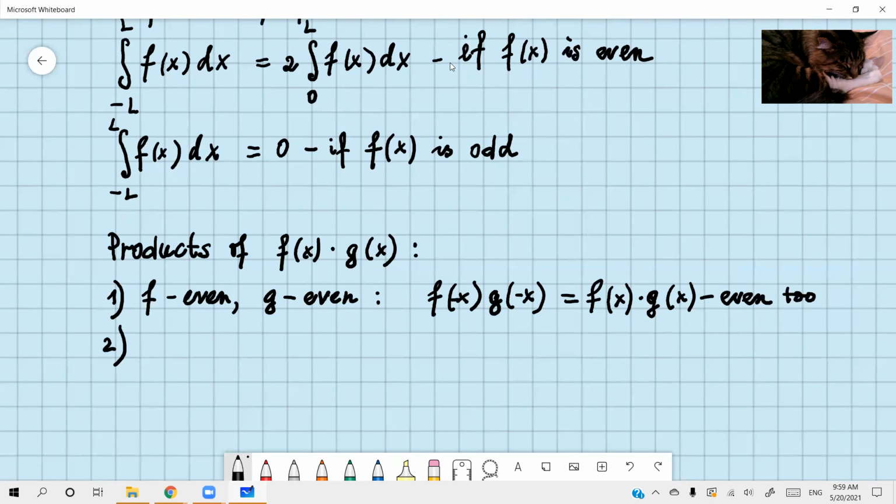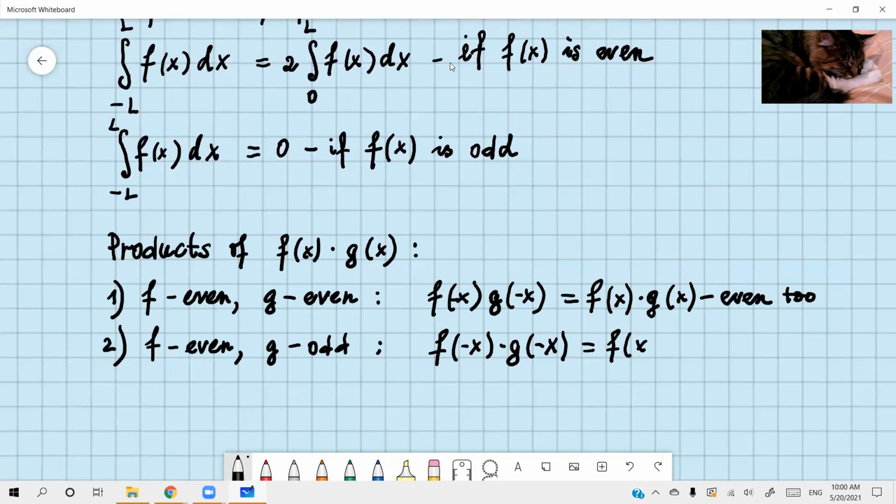Second case is if f is even and g is odd. Let's see what is going to happen. f of negative x multiplied by g of negative x. Because f is even, it's going to just drop the sign. g is odd, so it's going to be negative g of x.